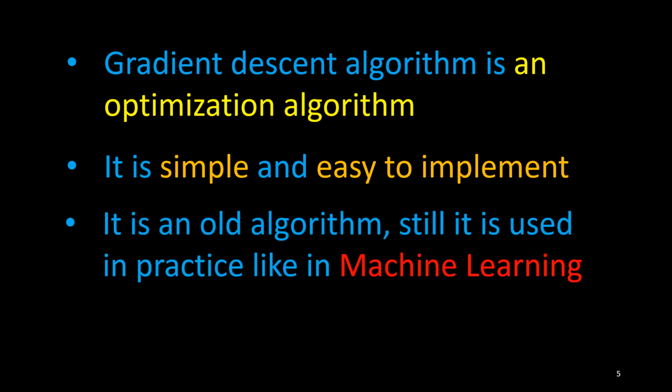Though it is an old algorithm, still it finds several applications in practice, like in machine learning. You know, machine learning is a hot topic. So we'll be discussing few problems from machine learning to discuss gradient descent algorithm.